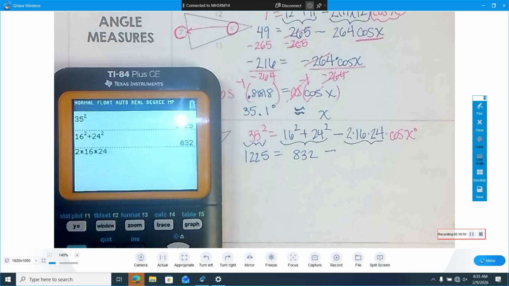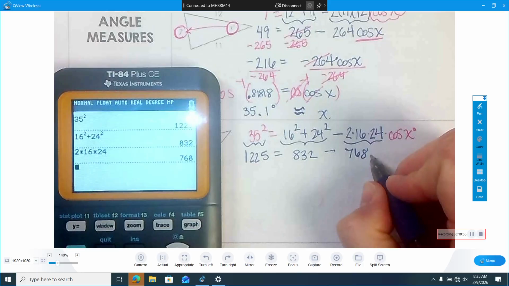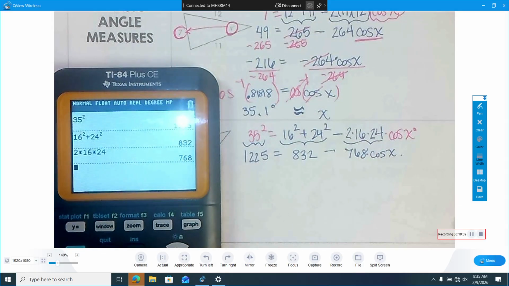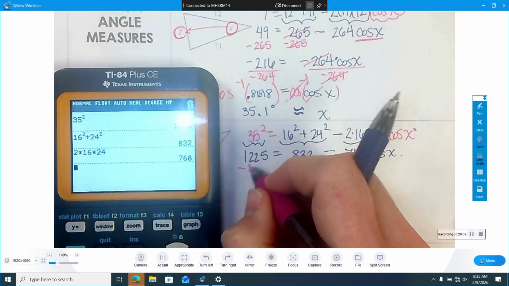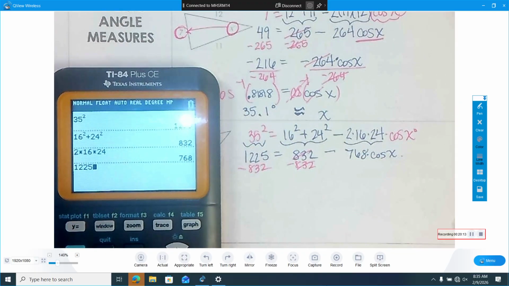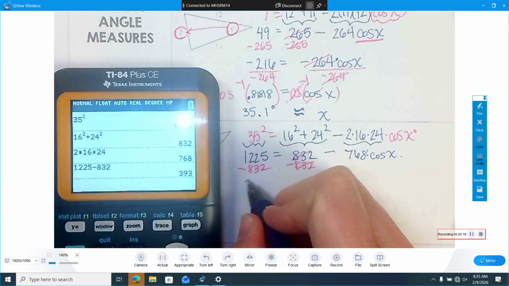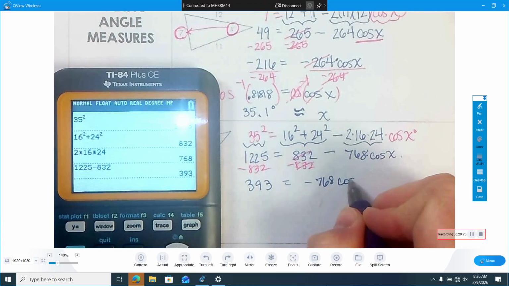So clean up your numbers. We get 768 times the cosine of x. So number cleanup, then what should we do? Minus 832, very good. From both sides, so 1225 minus 832 is 393 equals negative 768 cosine of x.